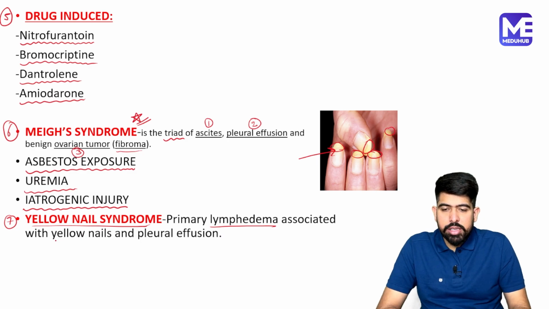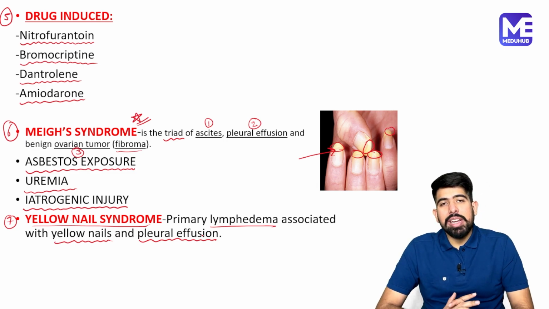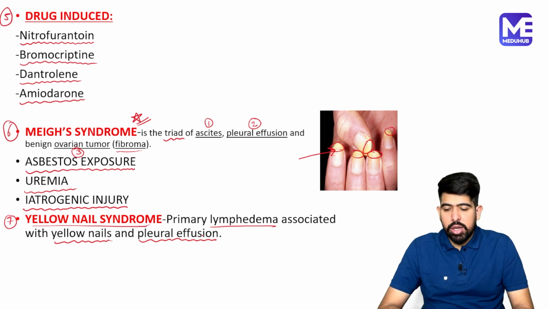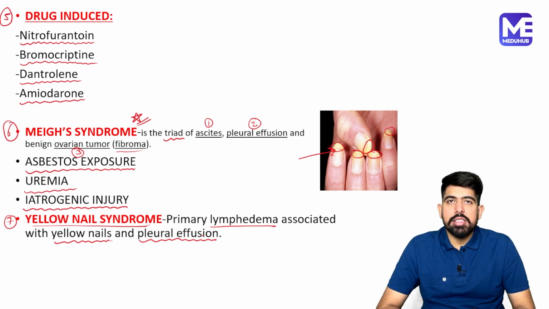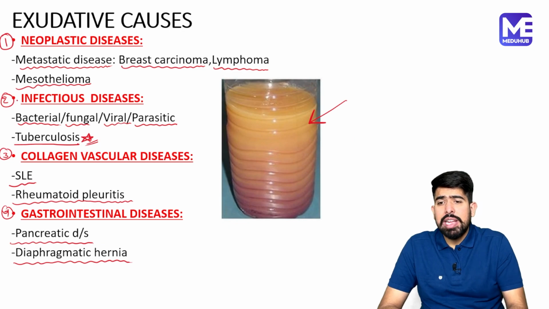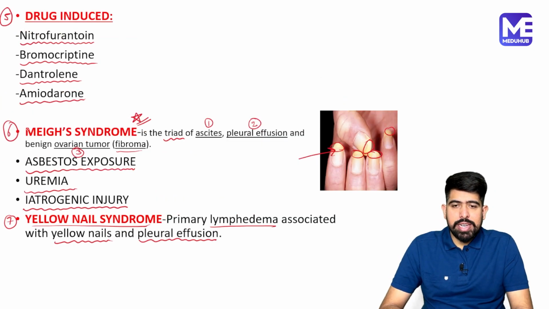Lymphedema associated with yellow nails and pleural effusion. So in yellow nail syndrome we are getting primary lymphedema. Due to this, the color of the nails will be yellow, and pleural effusion will be seen. So these are the main causes of exudative pleural effusion, right?